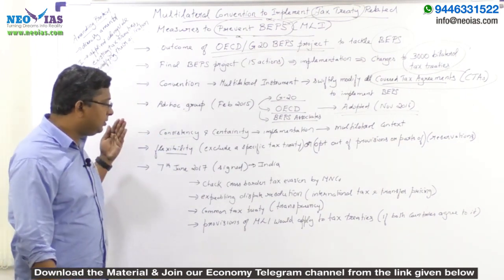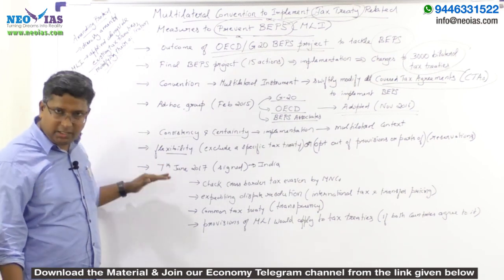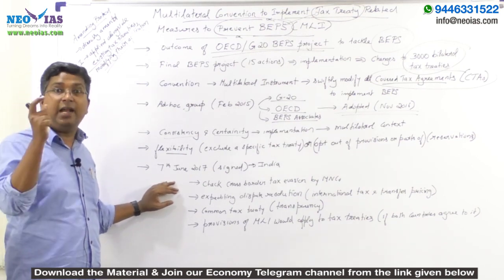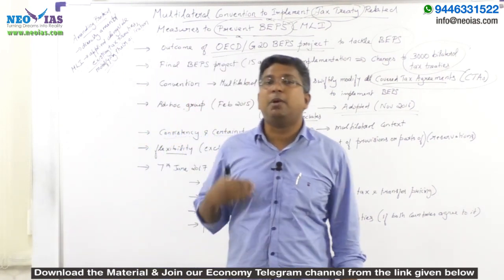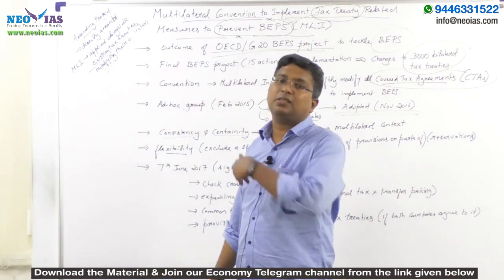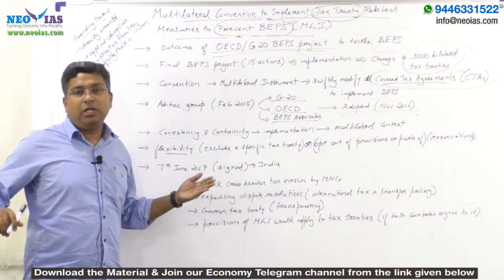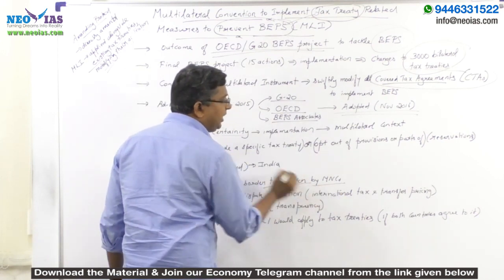Now regarding the significance of June 2017, when India and more than 100 countries signed this convention, UPSC can ask what the advantages are of India becoming a member of this multilateral instrument or convention. It will help not only India but other countries; it will help curb cross-border tax evasion by multinational companies.